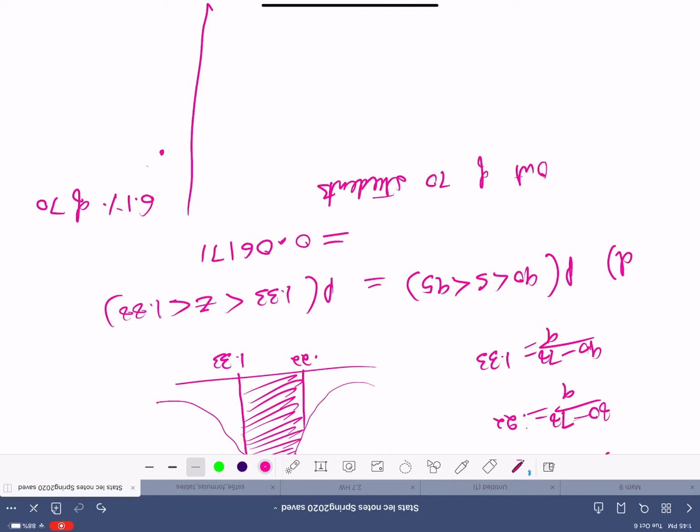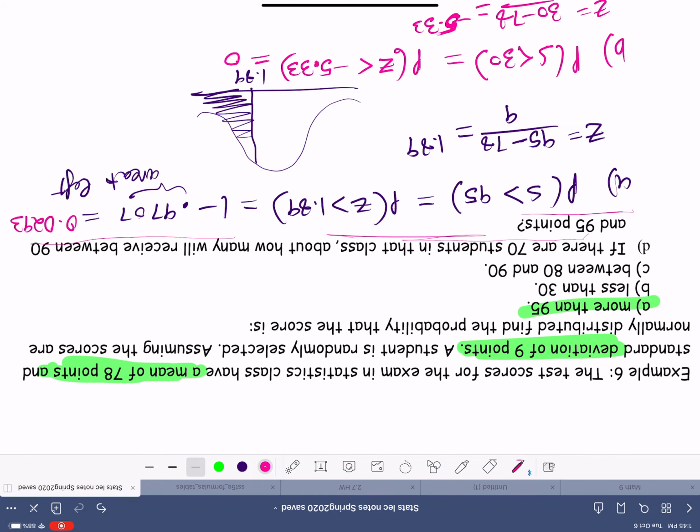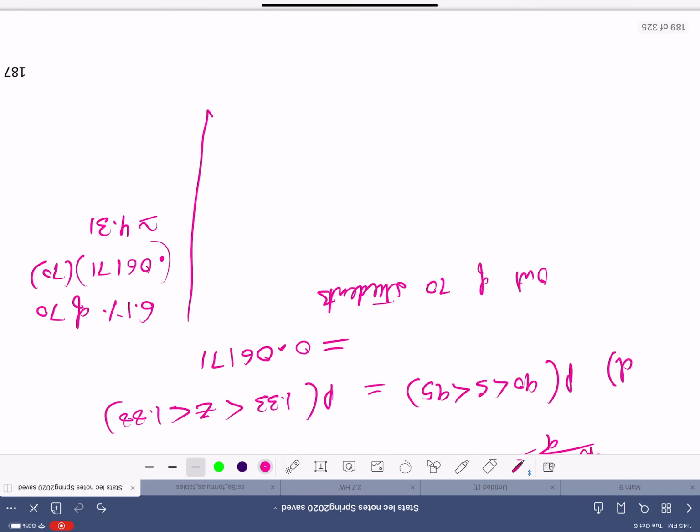You would multiply 0.06171, if you want to be more accurate, times 70, and that gives 4.31. So I get approximately 4.31. Because we're talking about students, number of people, we cannot have fractional people. I would round up to the nearest higher number, about 5 people.